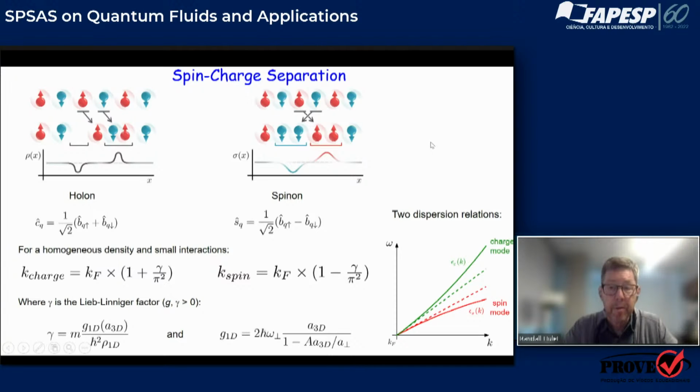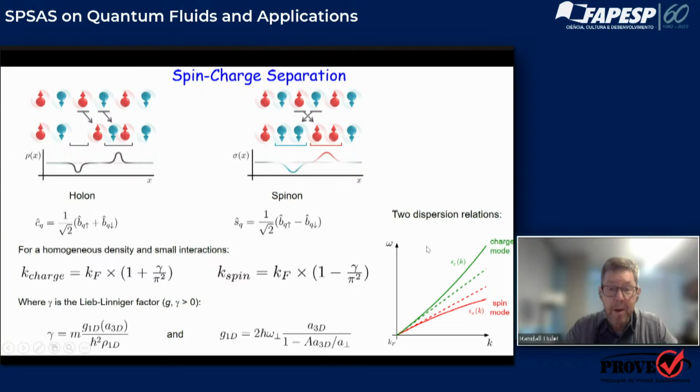All right, so then we get two dispersion relations. We get a dispersion of the charge mode and a dispersion of the spin mode, and they're different. One of them is predicted to go more slowly, and the other one's expected to, with increasing interaction, go faster.